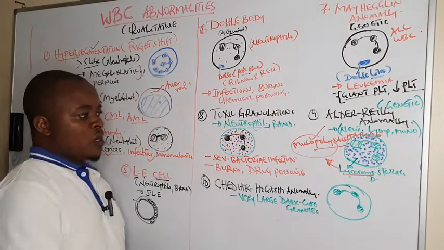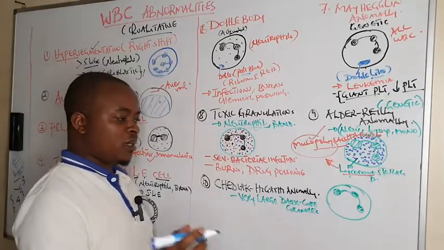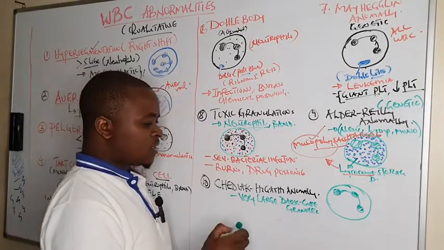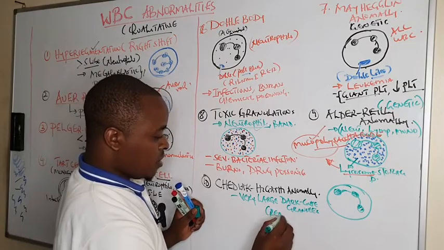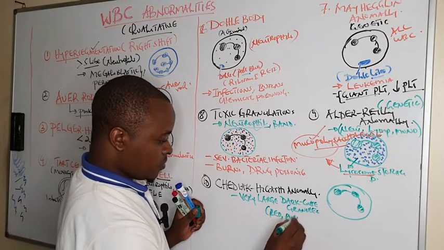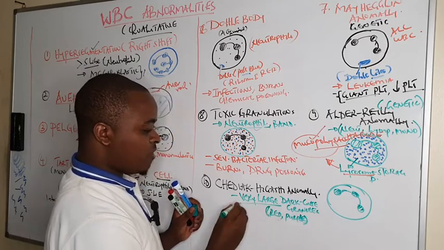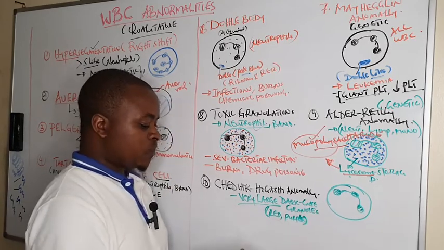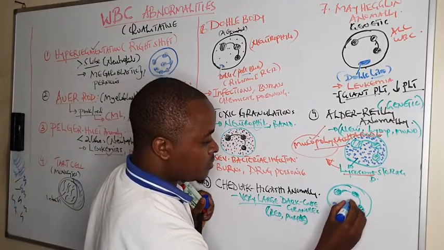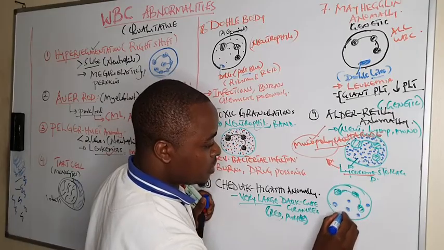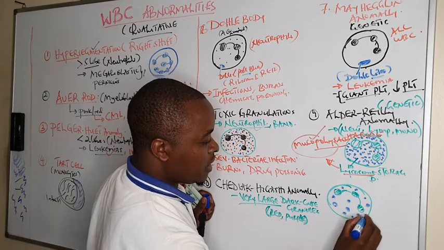So how do they differ from these ones? These ones are very dark, and these dark staining granules can either be red in color or purple in color. But they are very prominent and very large in the cytoplasm. You find them very giant in the cytoplasm of white blood cells.